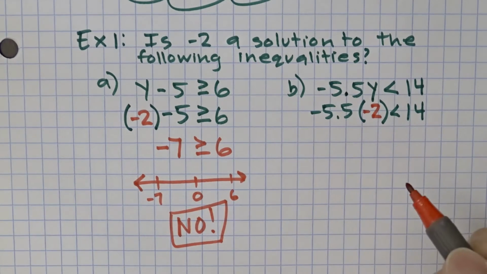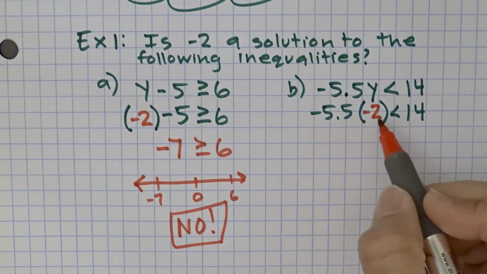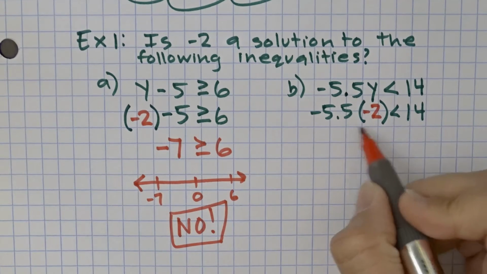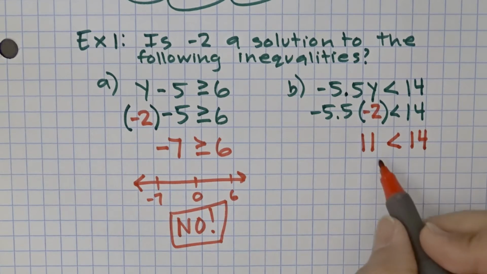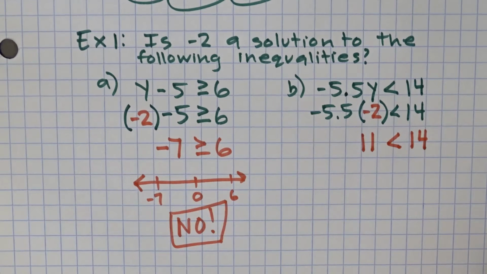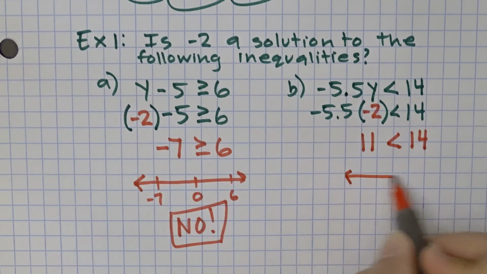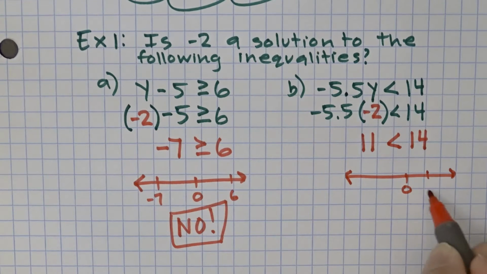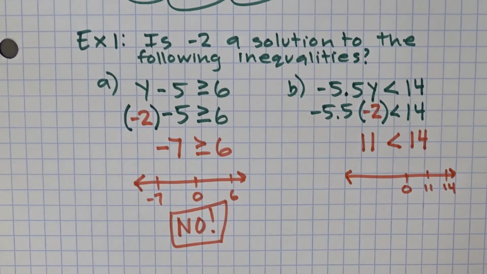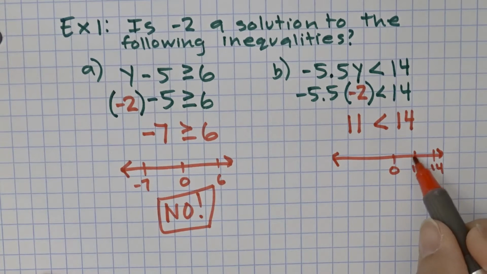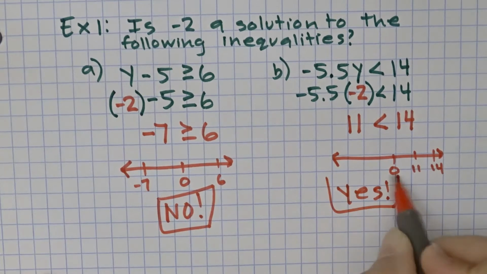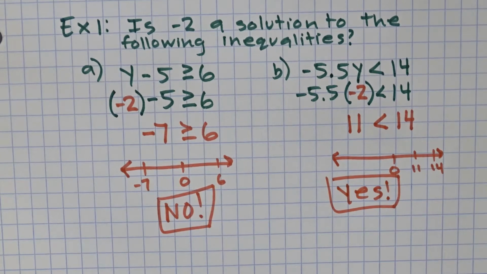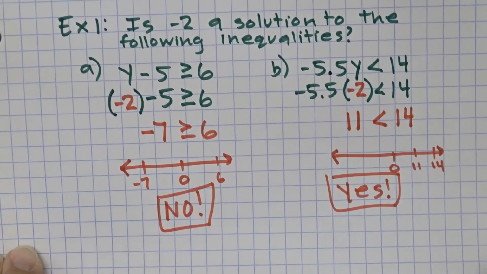And negative times a negative I know is a positive, and 5.5 times 2 gives me 11. And now the question is, is it true that 11 is less than 14? And again, for reference, we have 11 first, then 14 over here. So the answer is yes. This one is smaller than 14. So we're going to say yes. Negative 2 is a solution to this inequality. The first one, it wasn't. Next example.